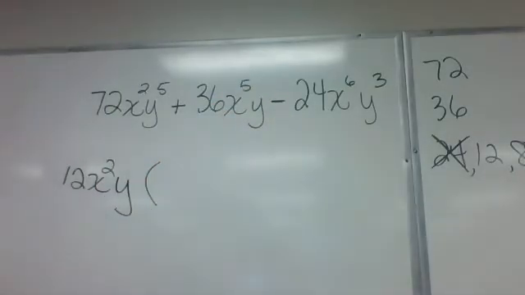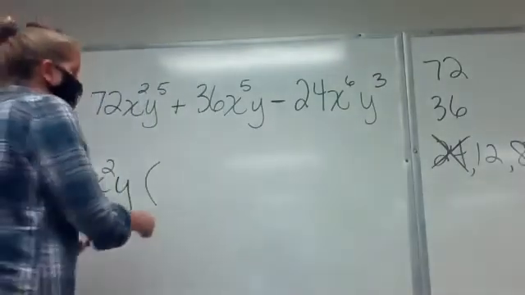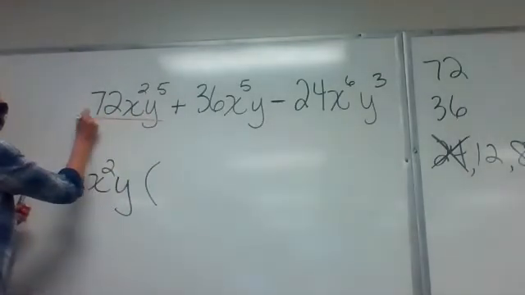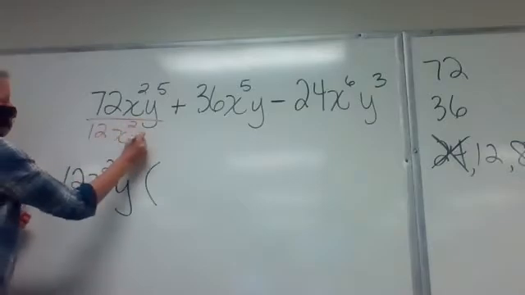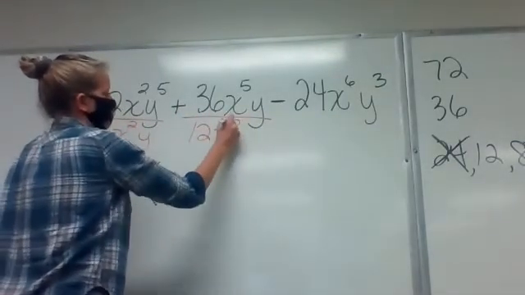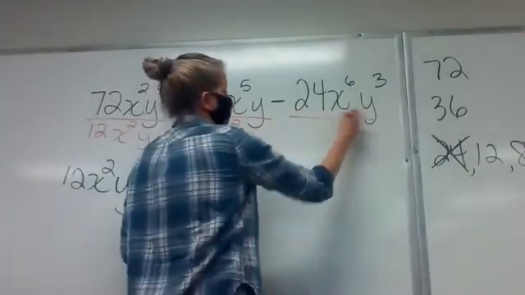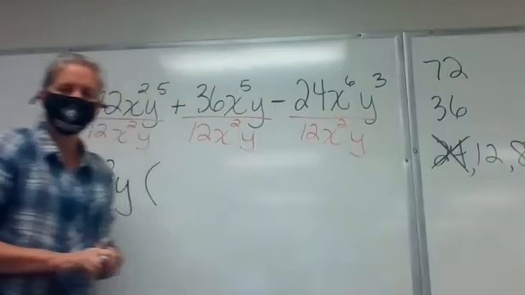Put in parentheses what is left. So I'm going to divide everybody by exactly what I pulled out: 12 x squared y, 12 x squared y, and the last one, 12 x squared y.